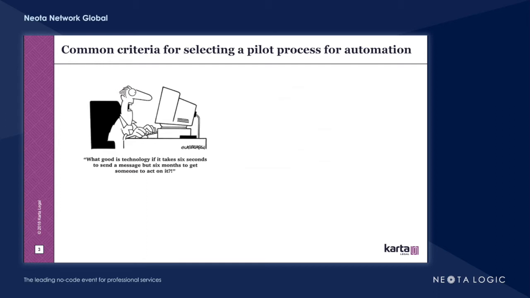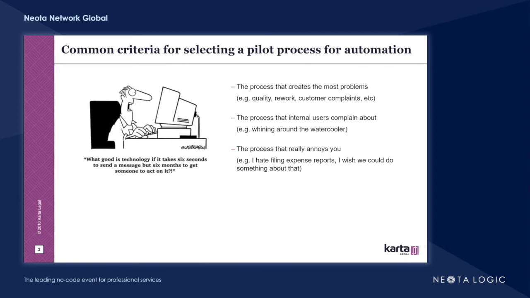What are the first few processes we look at? Most often, and this is really across industries, we look at things like the process that creates the most problems or impacts the bottom line the most, or the processes that people complain about or open tickets about. And if you're the project leader, oftentimes it's the process that annoys you the most.